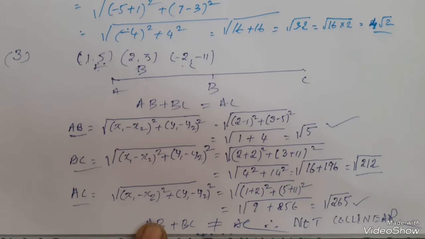If you want to prove that 3 given points are collinear, you find AB, BC, AC. If the sum of any two sides is equal to the third side, then we can say the points are collinear. Now let us take one more problem.